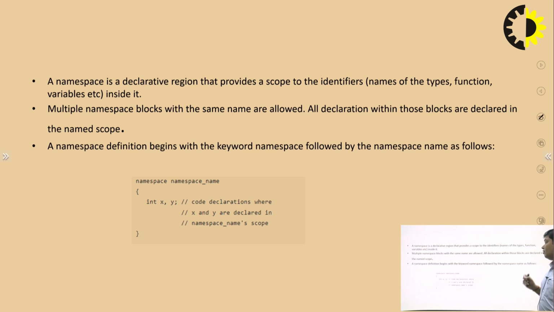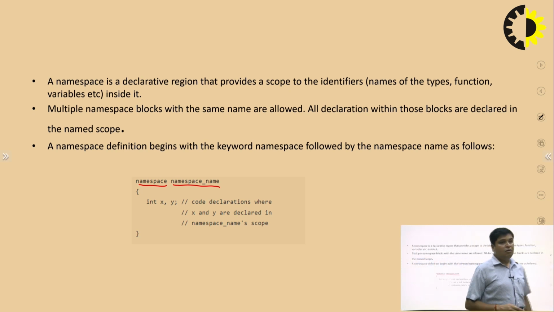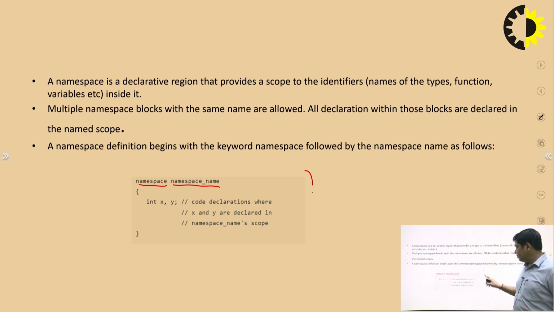Second thing, all declarations within those blocks are declared in the named scope. And the last one is, a namespace definition begins with the keyword namespace, followed by the namespace name as follows. You can see the syntax of how we can create a namespace in our program. So, hopefully you got clarity about this.